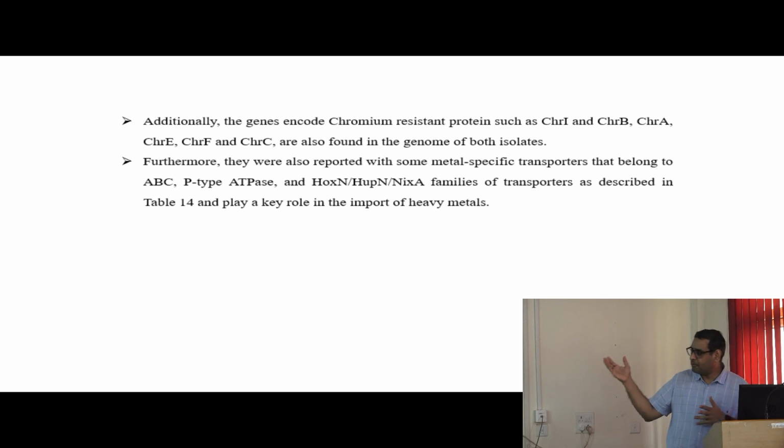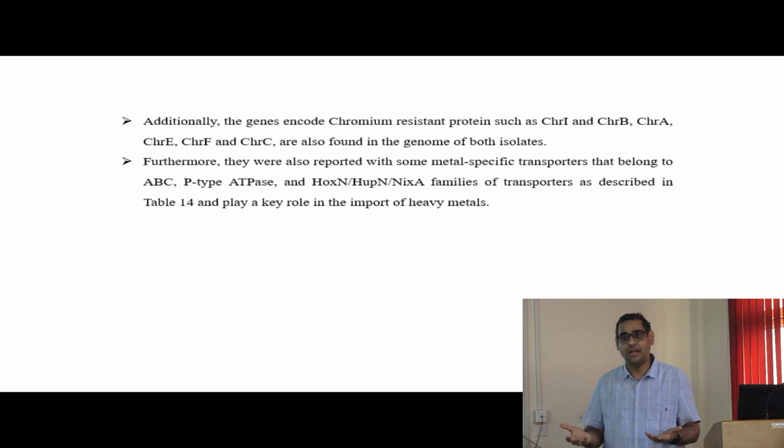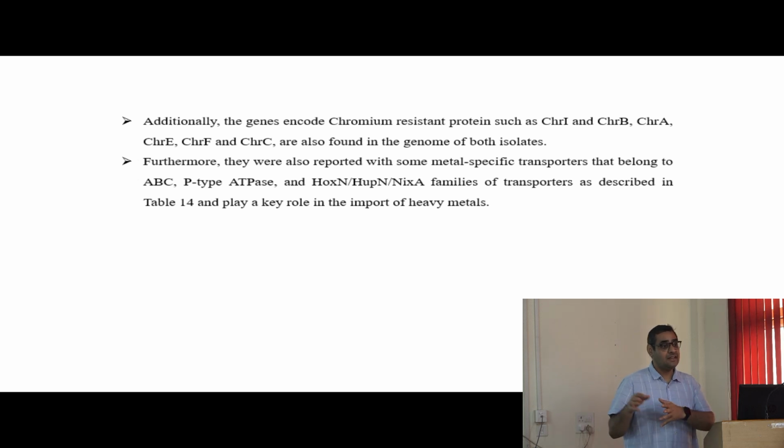Additionally, the genes of chromium means these two microbes, they found all the major genes which are responsible for heavy metal degradation. It means that these are the very good microbes, and we didn't engineer it because it is doing the job naturally. So when you talk about engineered microbes, this is something which is natural, and they were also reported with some metal specific transporters.